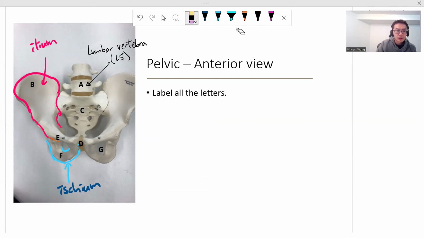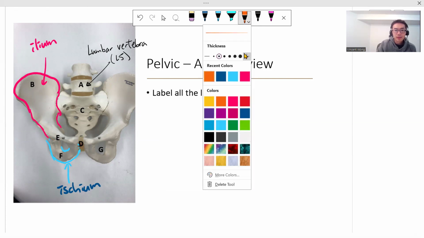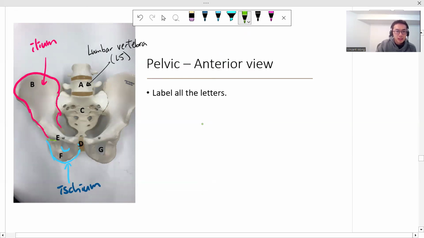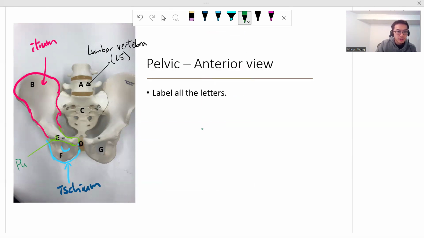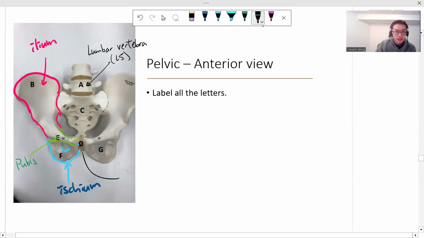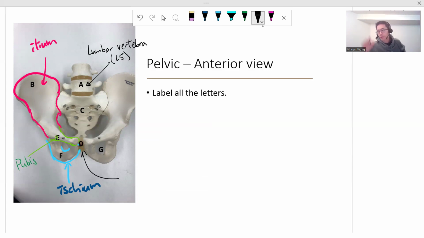And also maybe another color here. That is the pubis. Now this thing here that connects the two pubis together, and we saw that in the reproductive system, that is the symphysis.